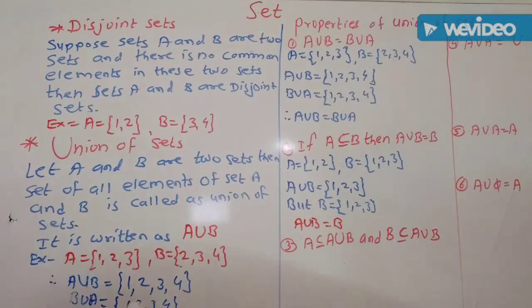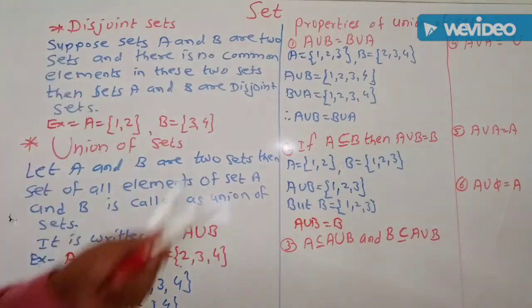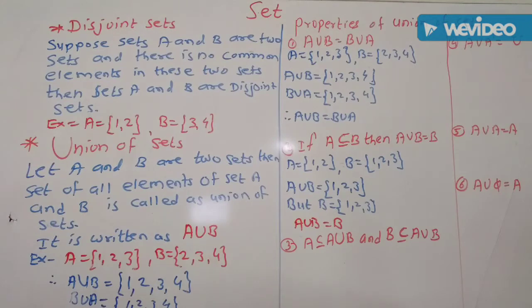Then fourth property is given A union complement of A. A union complement of A we can take now. Here suppose A is the set 1, 2, universal set we take 1, 2, 3.